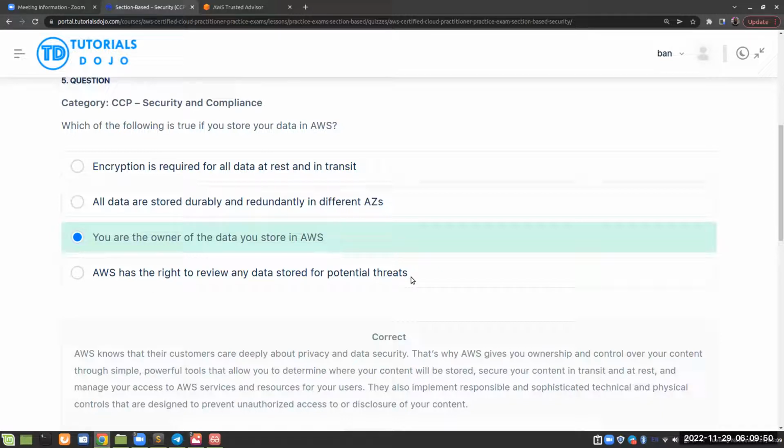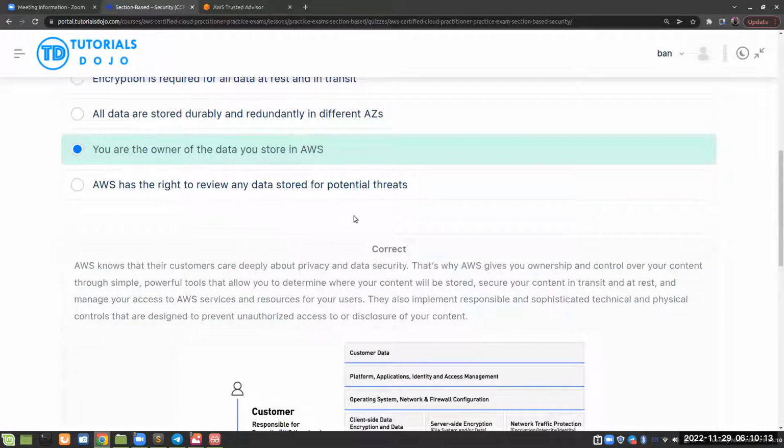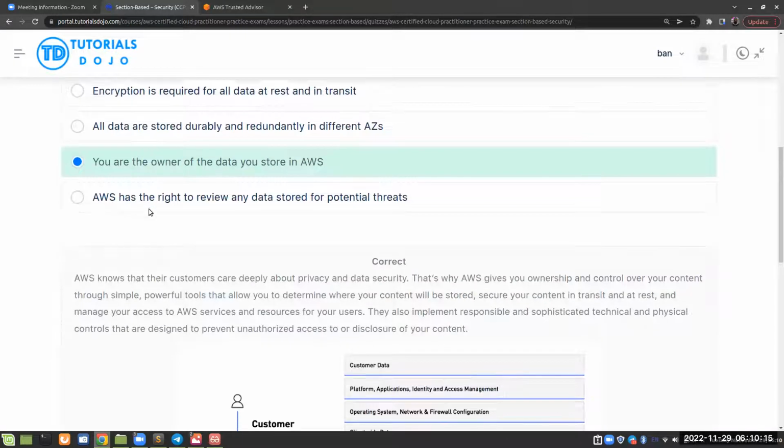So you grant only those who have to access that data. If someone doesn't have that permission, they will not access it. I know it can be easy or misleading to think that because AWS owns the data centers, if you store data there, an AWS employee can just go and see it. No, that's not possible. AWS doesn't have that right. And even if they wanted to, they would not be able to access it, right?